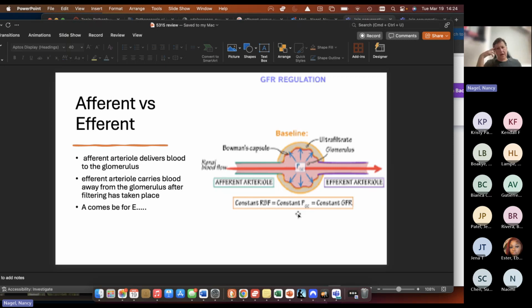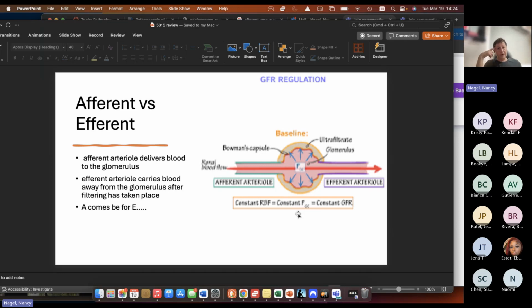So the way that I remember this, and you're going to need to know this for several different things. One, how our kidneys filter things and disruptions that occur there. But also, we use a lot of medications that actually directly affect these areas of the kidney.